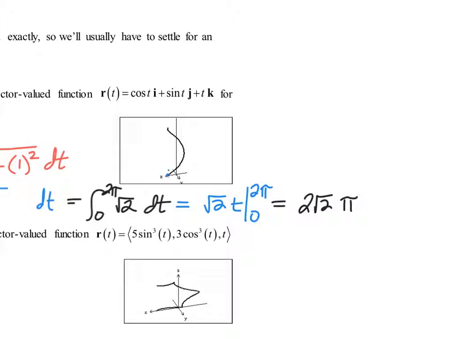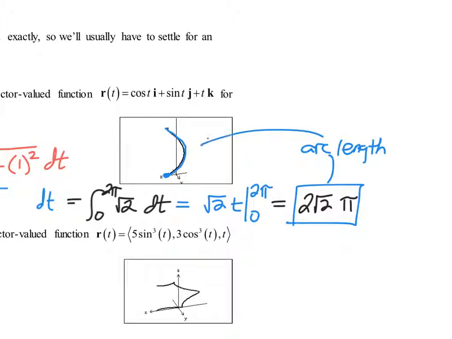All right, so this length, assuming that this is an accurate diagram, which is hit or miss, would be that.